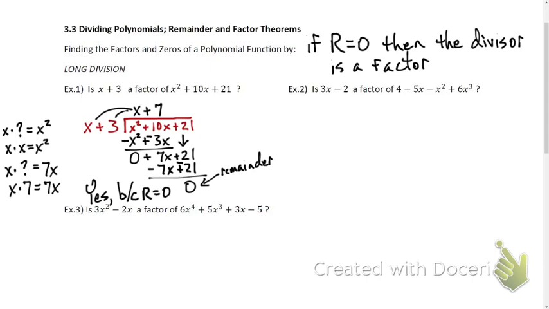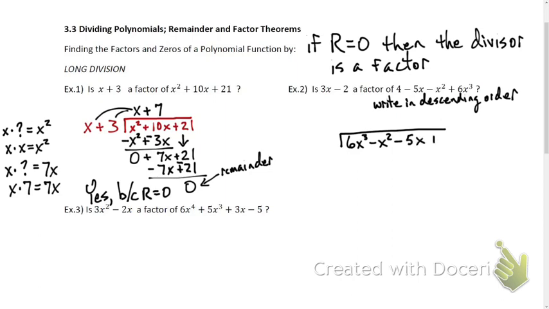All right, let's try another one. This one's a little more difficult, and I need to put these in descending order. So when I write this, I'm going to put first term as 6x cubed, then minus x squared, minus 5x plus 4.